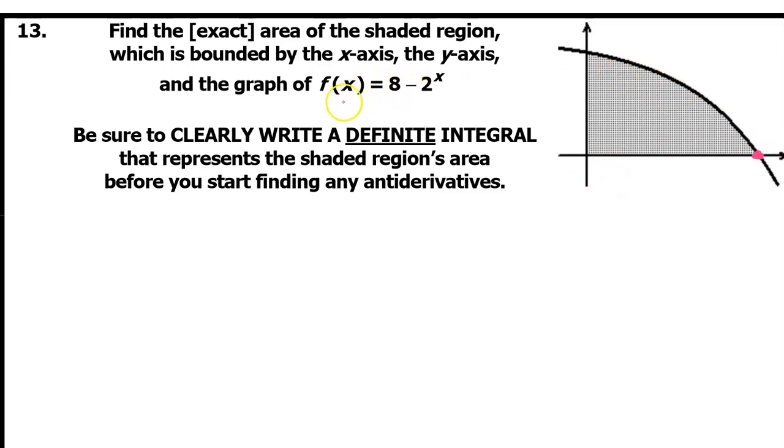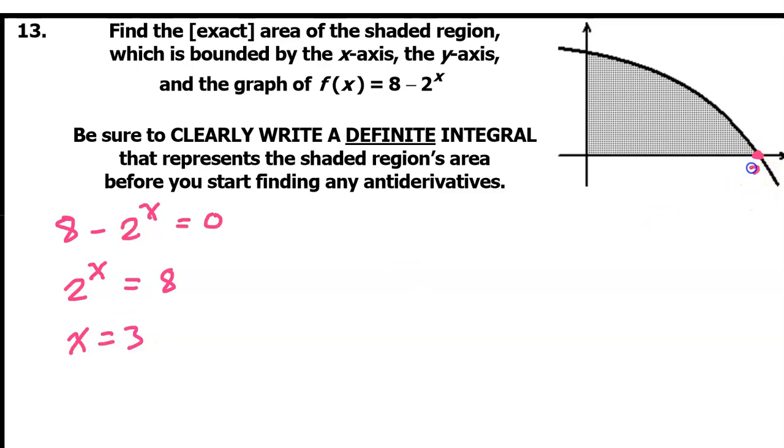So we need the x-intercept of f of x. We can find that by setting 8 minus 2 to the x power equal to 0. Adding 2 to the x power to both sides, we end up with 2 to the x power is equal to 8. 2 to the third power is equal to 8, so we know that x is equal to 3.